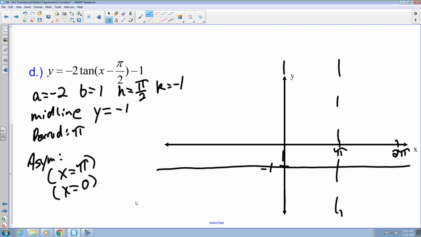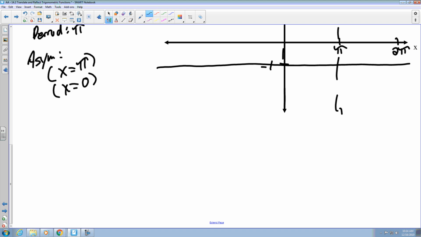My halfway points come from the first coordinates, which are going to be what? Pi over 4b, so it's going to be pi over 4 plus h, which is pi over 2. So that gives me 3 pi over 4, comma, and then it's a plus k.